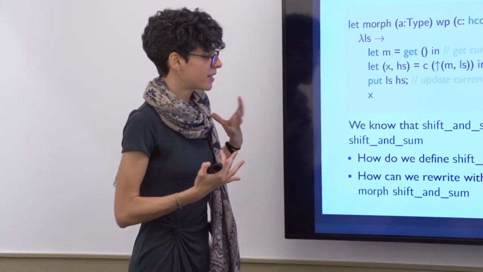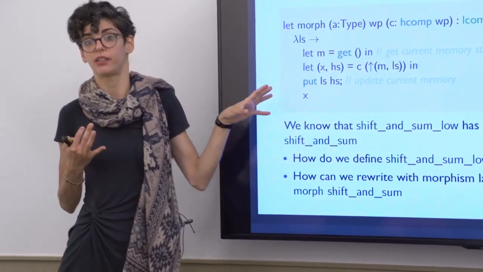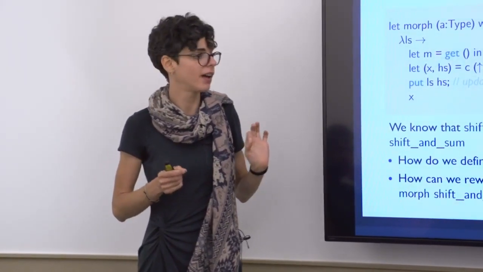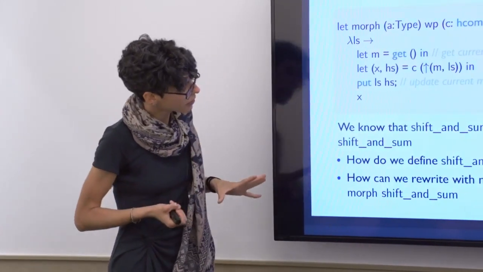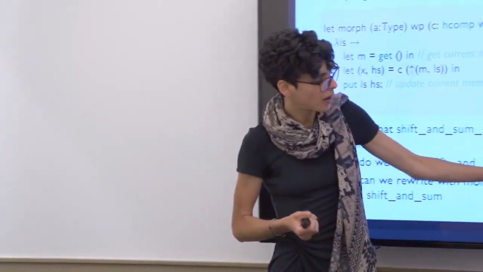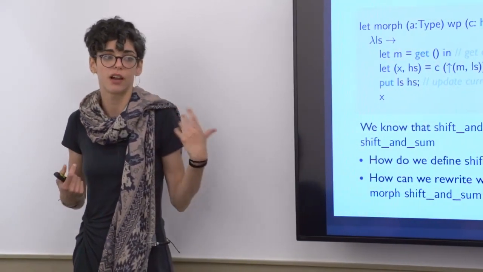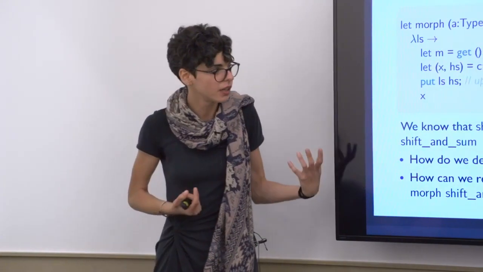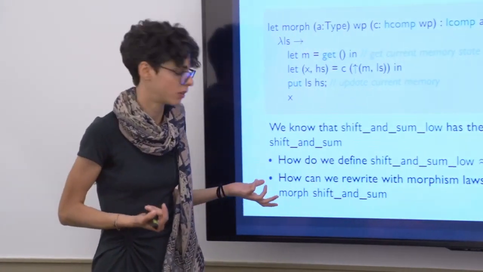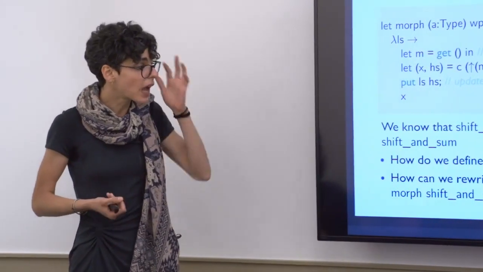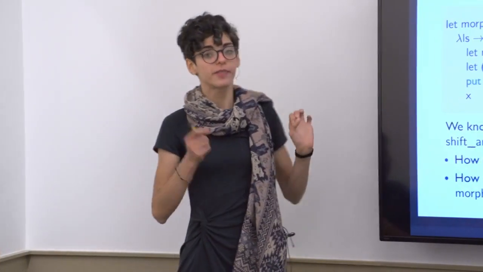So we know that shift and sum low and morph shift and sum, the low-level program that we obtain trivially, have exactly the same observable behavior. So the first question is, how do we formalize that? We have two low-level computations, and they have side effects, so we cannot run them in the logic. So how can we define this as a predicate over low computations? And second, how can we rewrite using morphism laws?